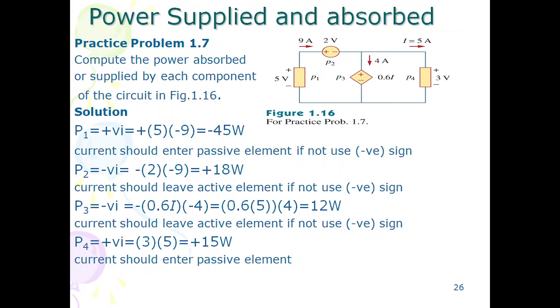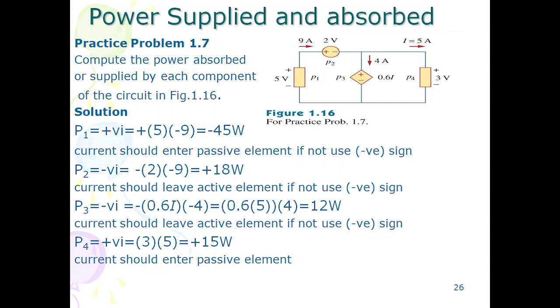So P1 is equal to minus 45 watt, whereas for P2 the voltage is 2 volt because it is a source, and for a source we use a negative sign, so P2 is equal to minus V into I, and the voltage is 2 volt.